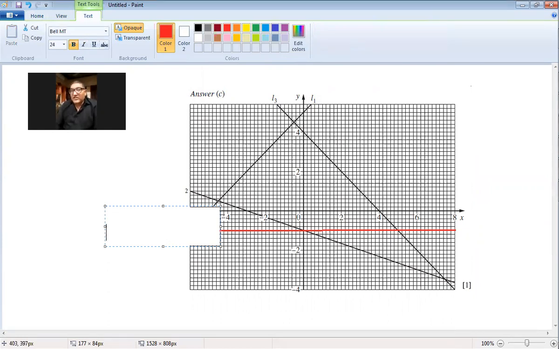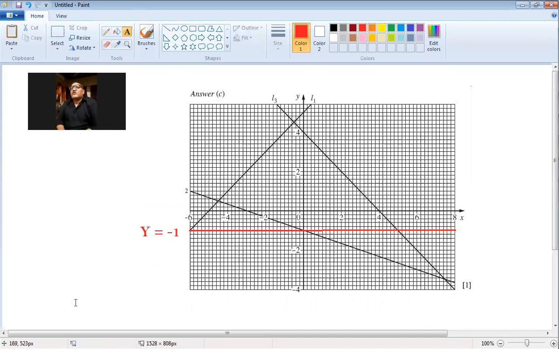So it says y equals minus 1. So this is that line. This is how you will draw that line. Y equals minus 1. I hope that you have understood this.